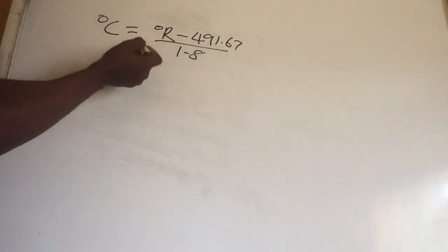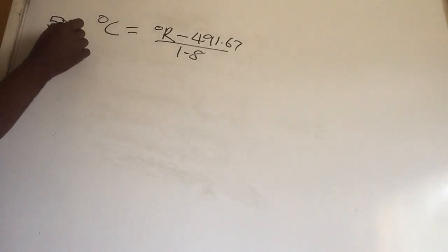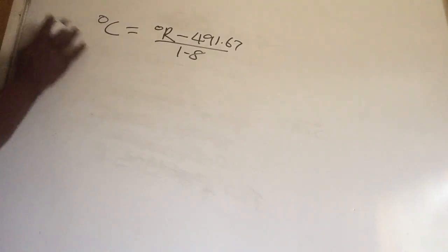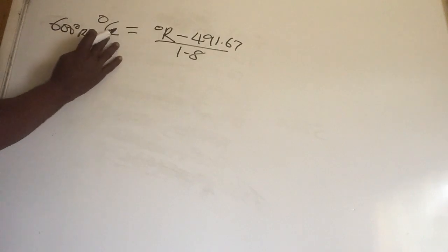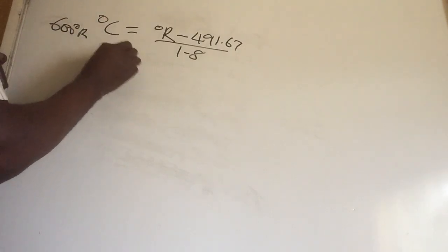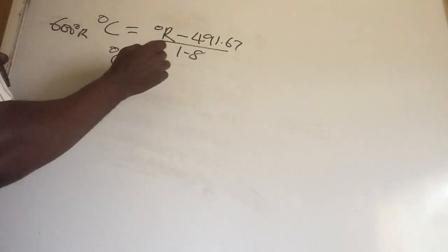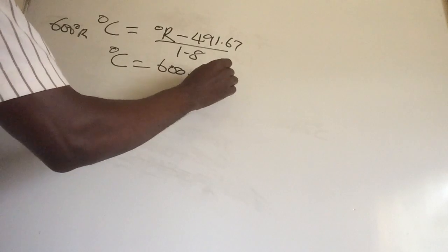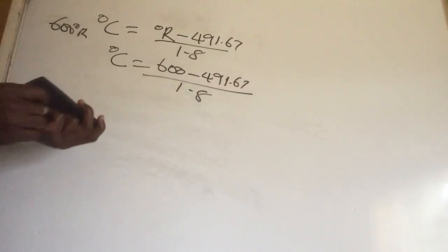If you have 600 degrees Rankine and you want to convert it to Celsius, our Rankine is 600, so Celsius equals 600 minus 491.67, all over 1.8.